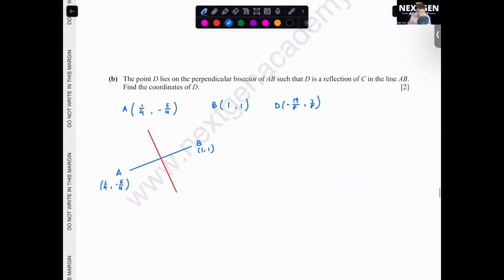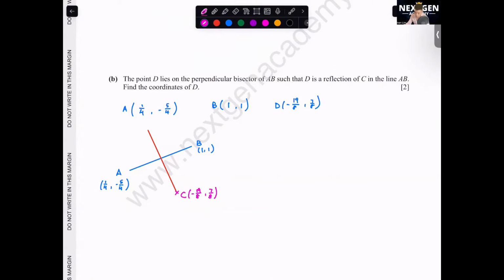I'm just roughly drawing, this is not the most accurate. My C maybe is around here, relative to your A and B, negative 19/8, then here is 7/8.